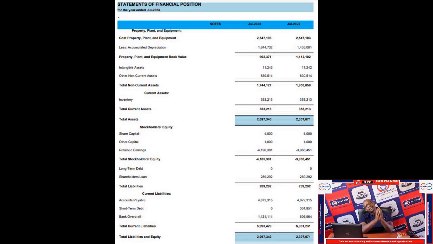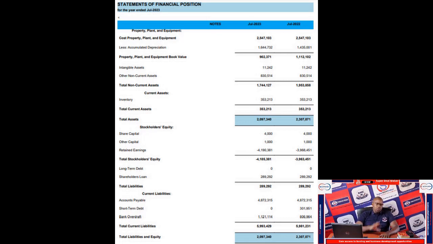So your current assets are those assets that you're going to derive benefits from within 12 months, using your financial year end. And your long-term assets or your non-current assets are the ones that you're going to derive benefits from for more than 12 months. That's in accounting. And the current ones are the ones you're going to enjoy those benefits from within 12 months.